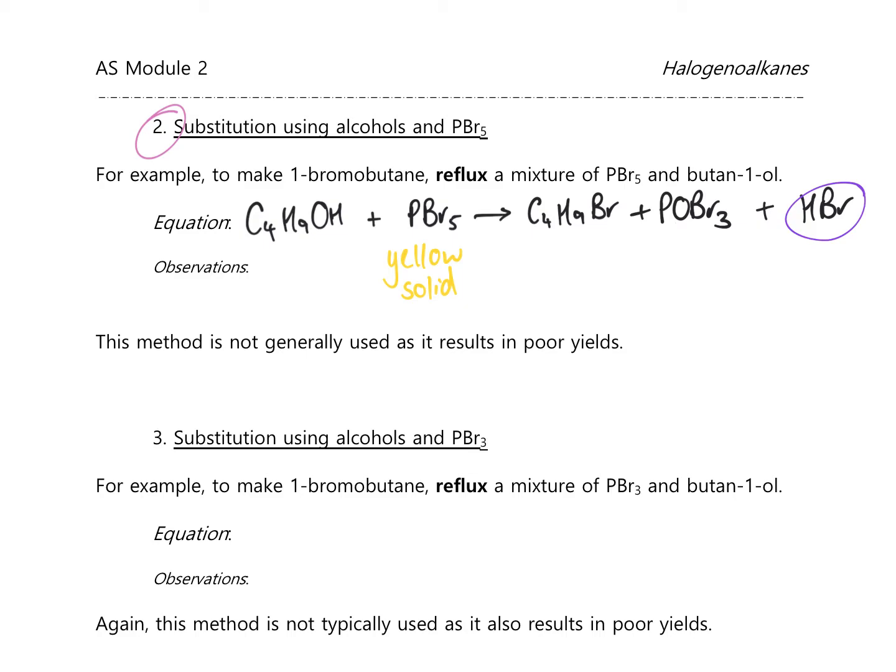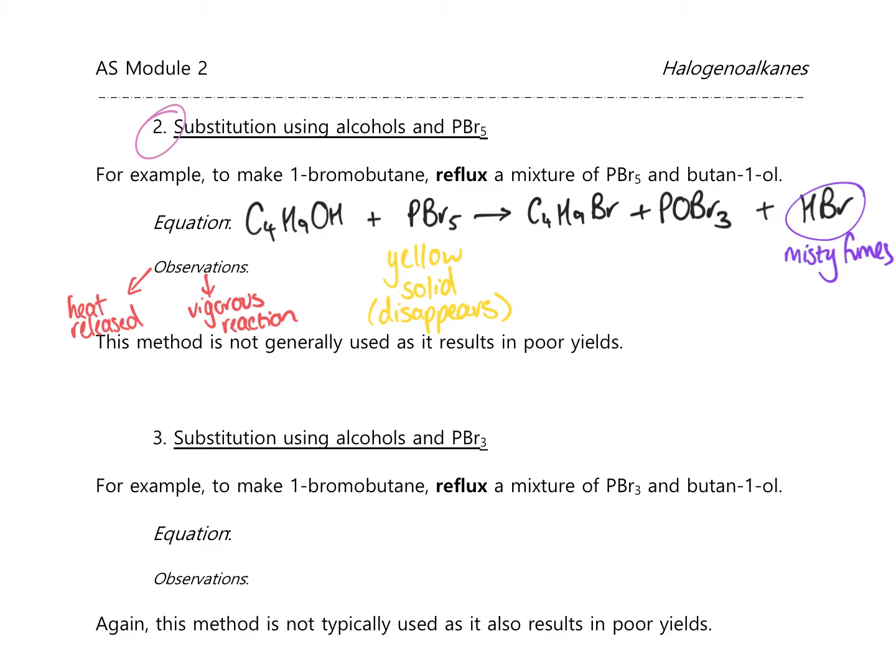If you remember back to your halogens topic, we would have talked about misty fumes of HBr or HCl or HI. So in terms of observations, you could say yellow solid disappears, misty fumes, and other observations you could quote would be heat released and vigorous reaction. So this reaction releases a lot of heat, and it's a vigorous reaction.